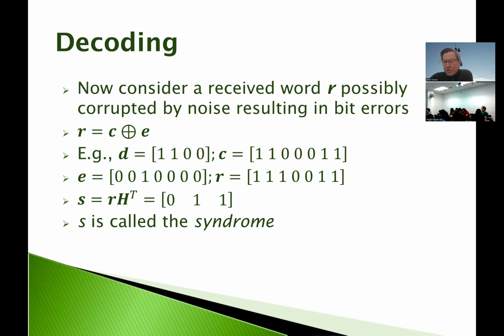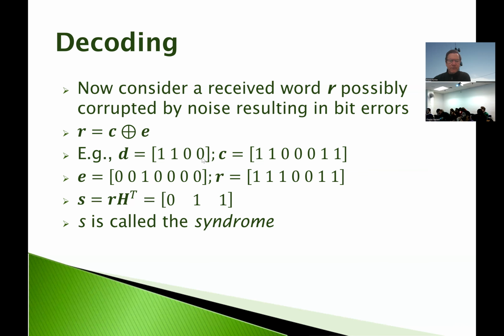And also by the modulo 2 addition, it's going to change a 1 to a 0. 1 plus 1 is equal to 0, right? So we're going to say that our R is composed of the originally sent or transmitted code word, modulo 2 added with this error vector. Now, if we know this error vector, then we know a lot, right? So that's what we'd like to try to figure out.